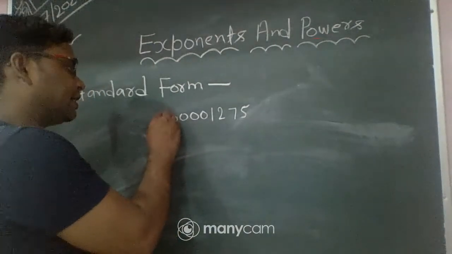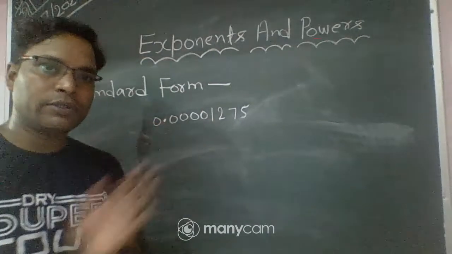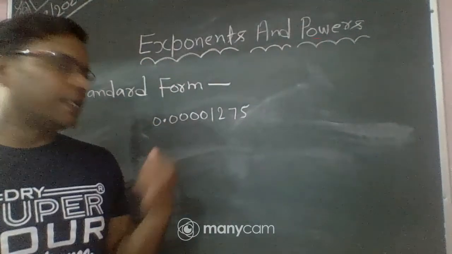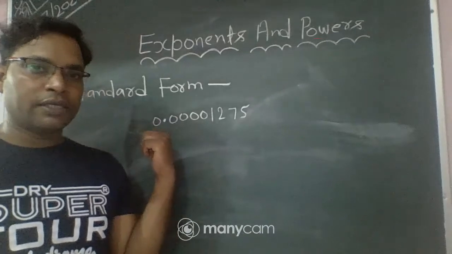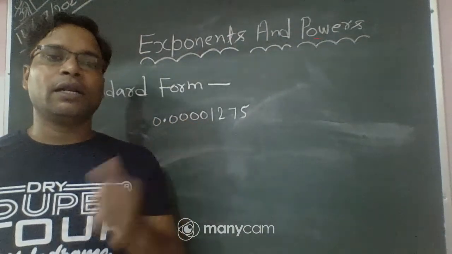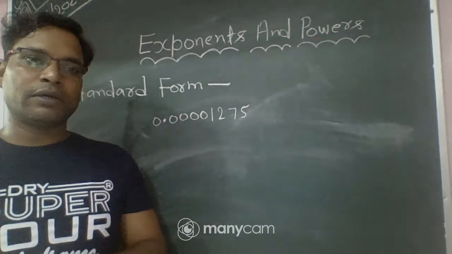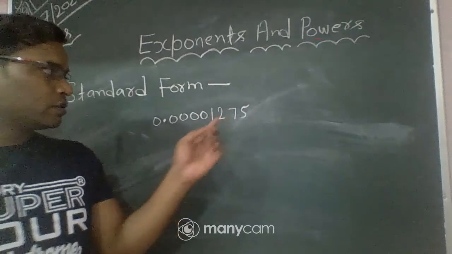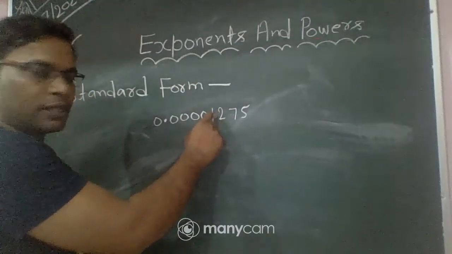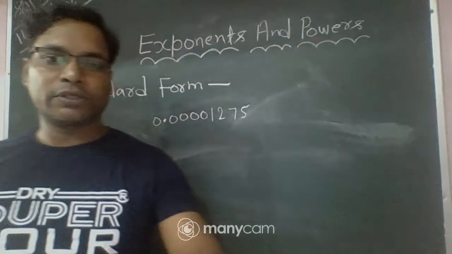You can see here where the decimal is. The decimal moves to the left or right side until one digit is left to the left of the decimal.